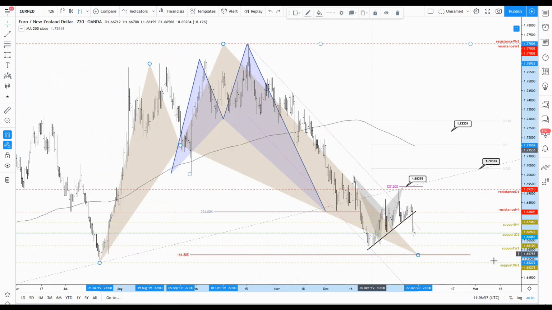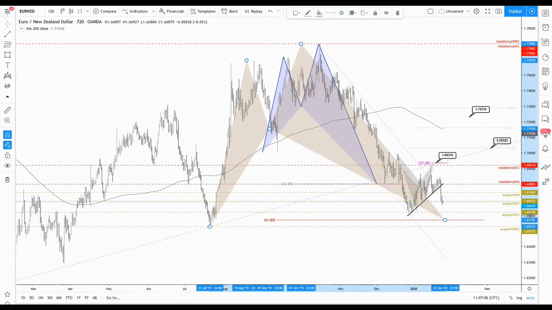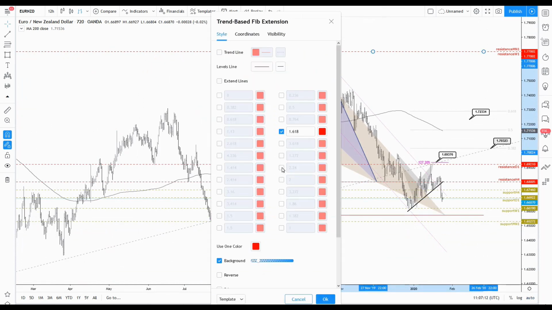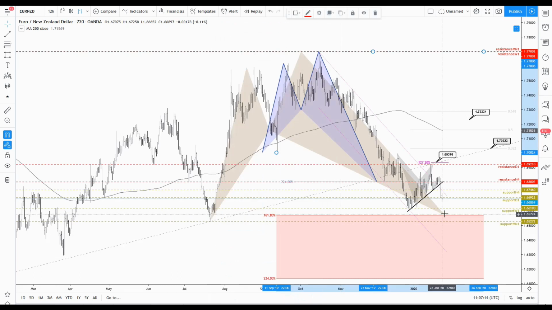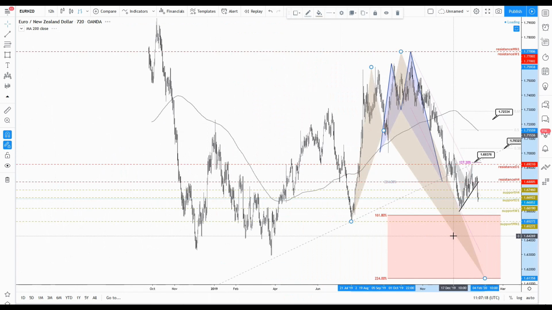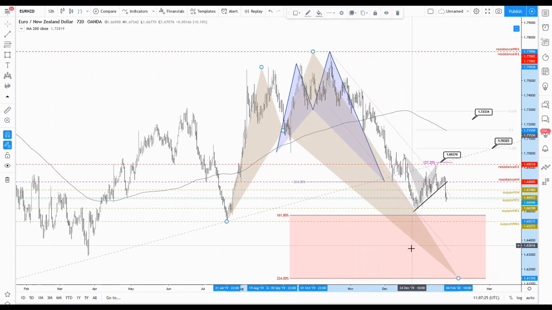Pay attention to those levels. 165.70, right above the monthly fractal, we have the first option, the first 168 extension, and the first bullish shark pattern completion point. The second one will be positioned at 224% fib, which will put the price trading at new lower lows from this major structure, and obviously breaking the monthly fractal support.